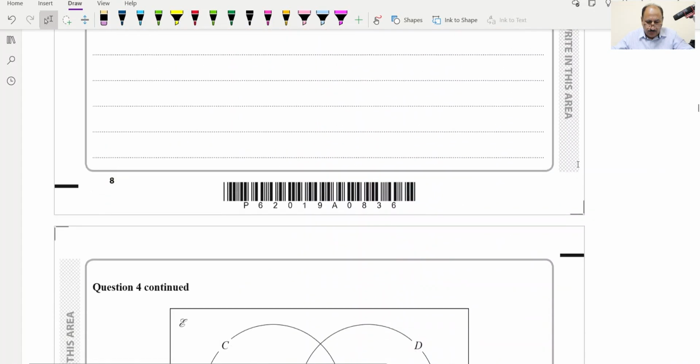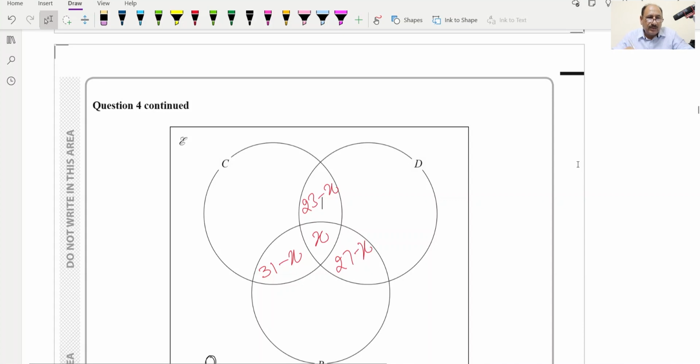So we will go to this diagram again and we will see. If we add these three, we can write like this: 23 minus x plus x plus 27 minus x is equal to what?